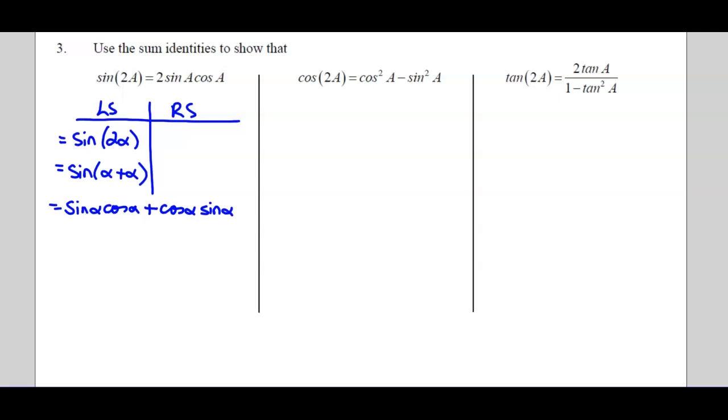Well, order doesn't matter in multiplying. These are the same angles, so this is the same as this. And if they're the same and we've got 2 of them, that's 2 sine alpha cos alpha. So that's just where it comes from.